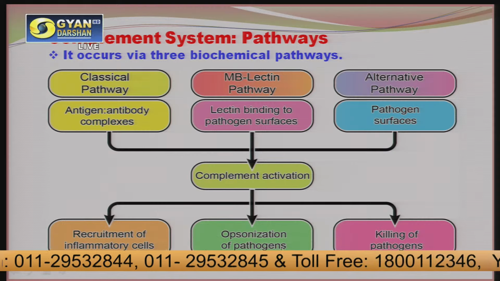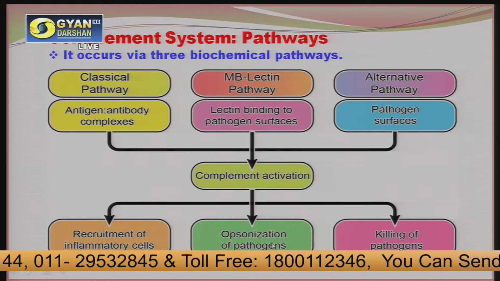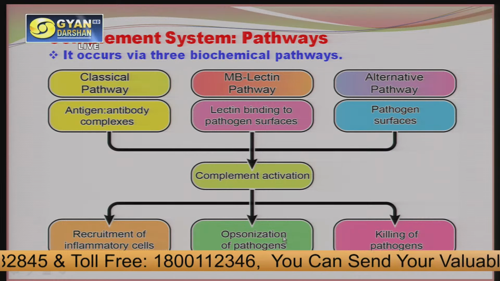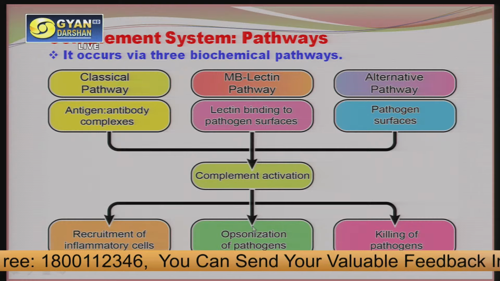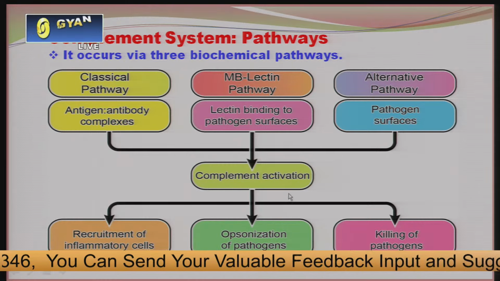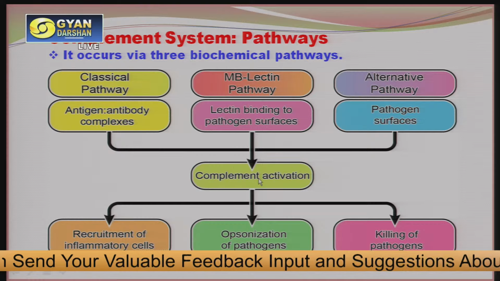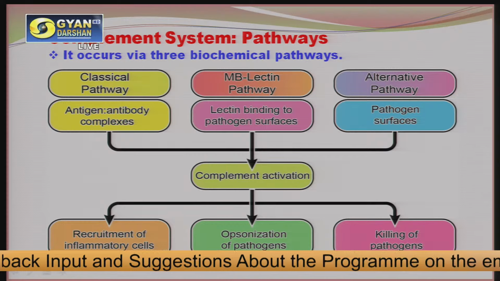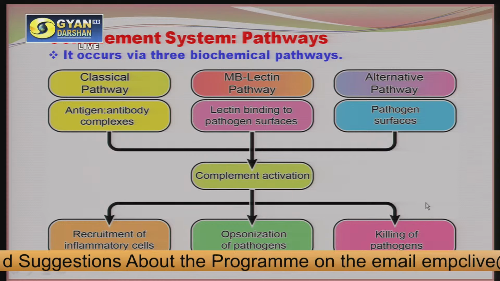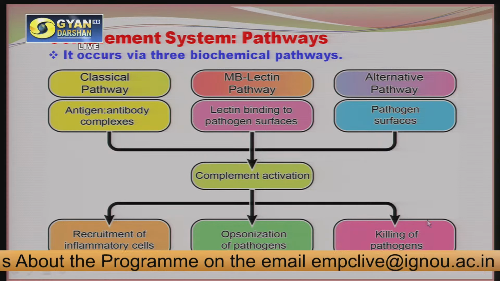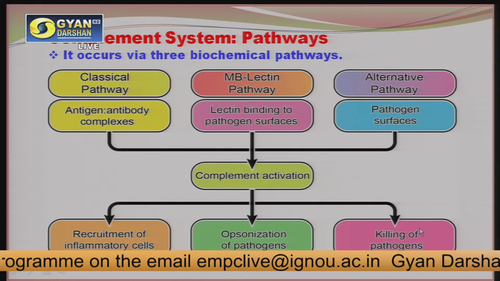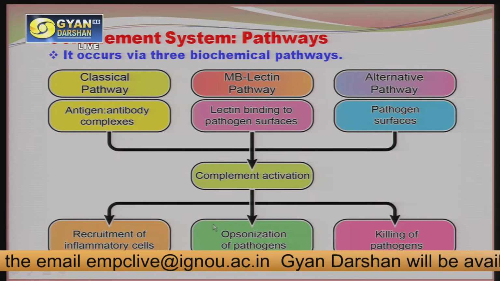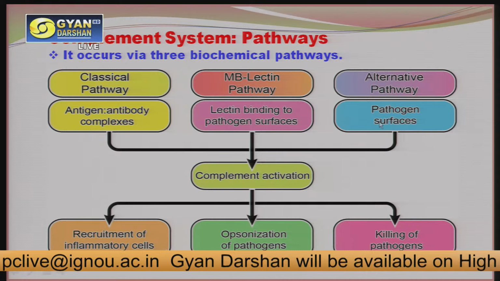Ultimately the cells are phagocytized with the help of macrophages after binding of some complement proteins on the surface of the pathogens, and the pathogens are killed. They can form membrane attack complexes, like MAC formation, and kill the pathogens. So these are the three pathways.